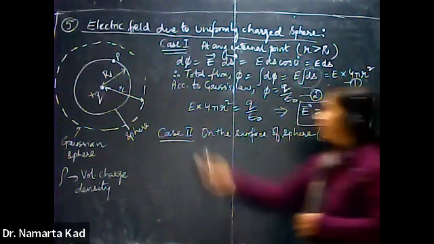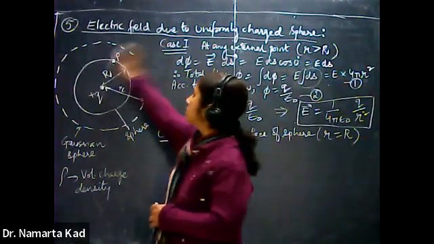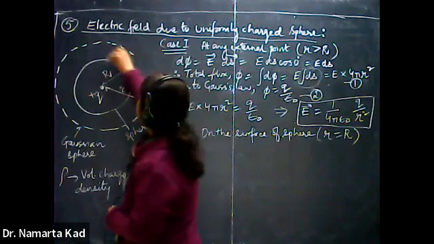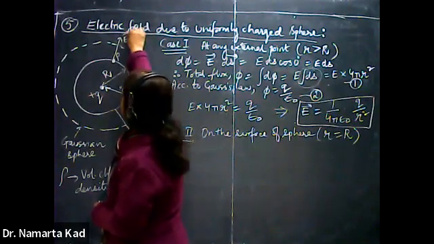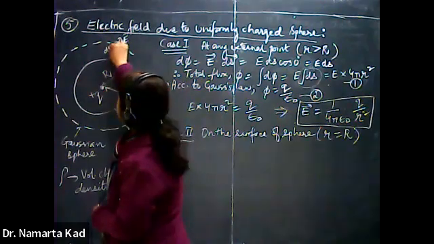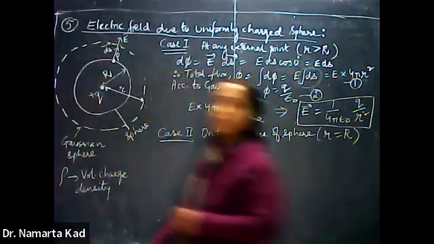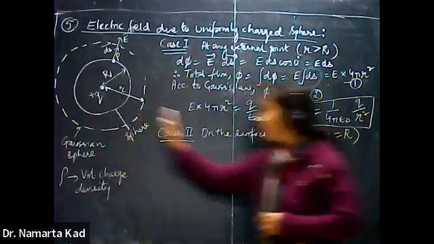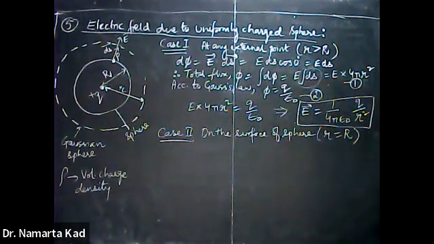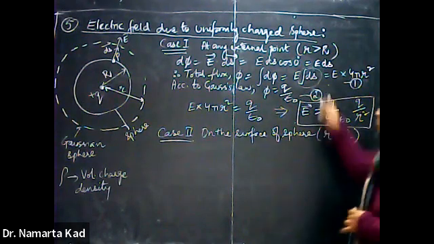Okay, and if the point is here on the surface of the sphere, so again the E vector is here and the ds vector is also here. Both are pointing outwards because of the positively charged sphere. But here the condition is small r is equal to capital R. And here the formula comes out to be the same.